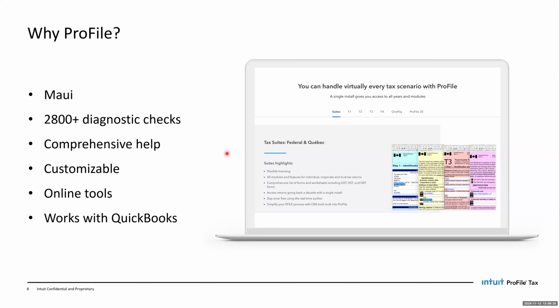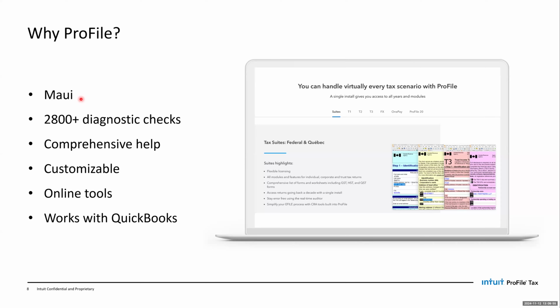And a bunch of reasons, as you can see right here, MAUI, multiple application user interface, if I'm not mistaken. What that means is it works in a uniform manner. And so if you're used to using Profile T1 and you then need to use Profile T2 or T3 or FX, they all work the same way. So the learning curve is not steep. Once you get a few basics, you could work anywhere in Profile because it's uniform.